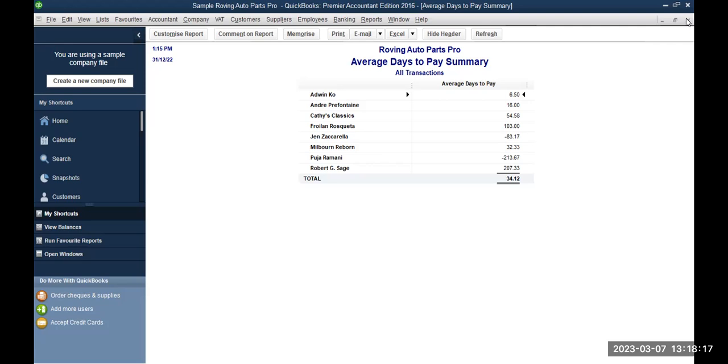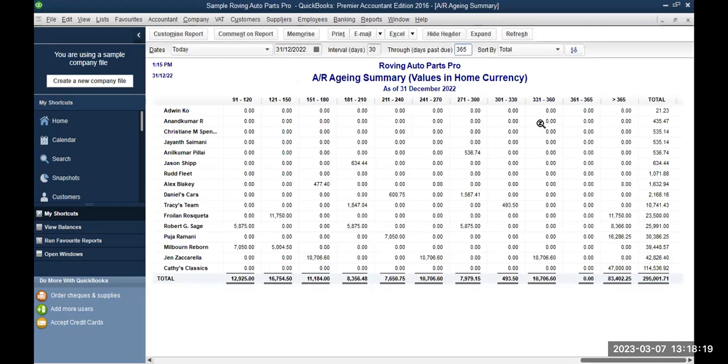But if you go back to this other report, Cathy Classics owe the most. You can see them here at the bottom, and you can see they have an outstanding of more than 365 days of $47,000.